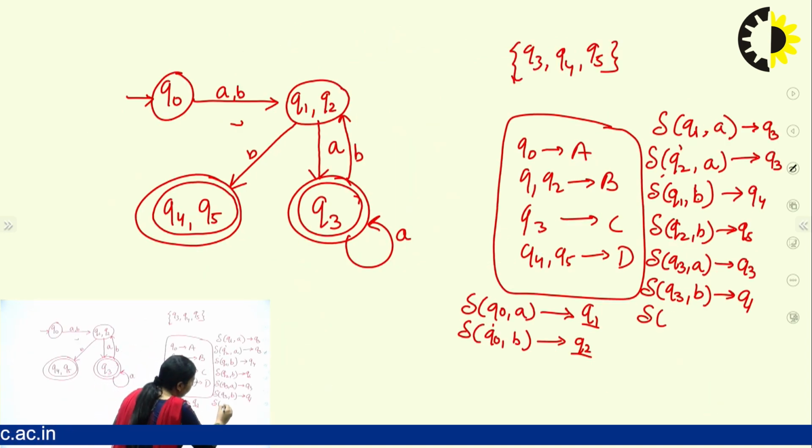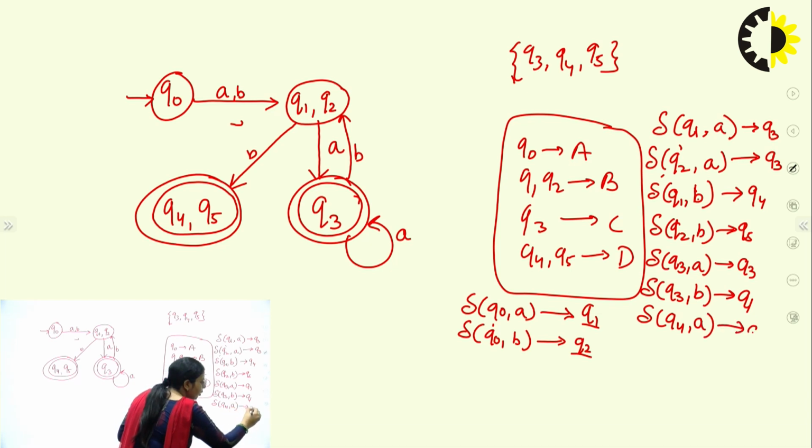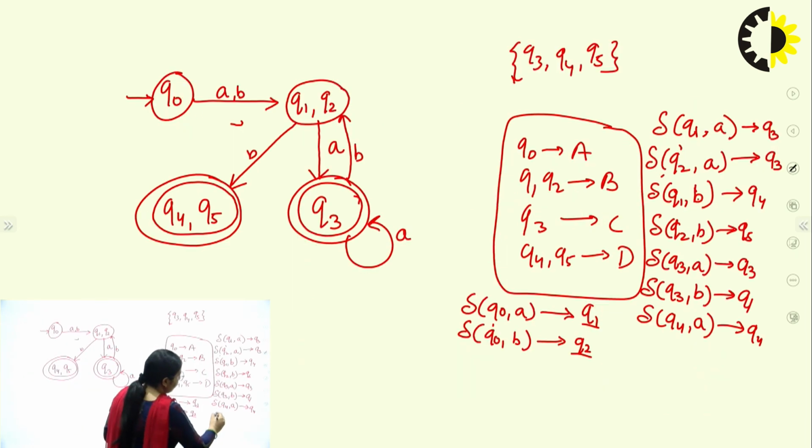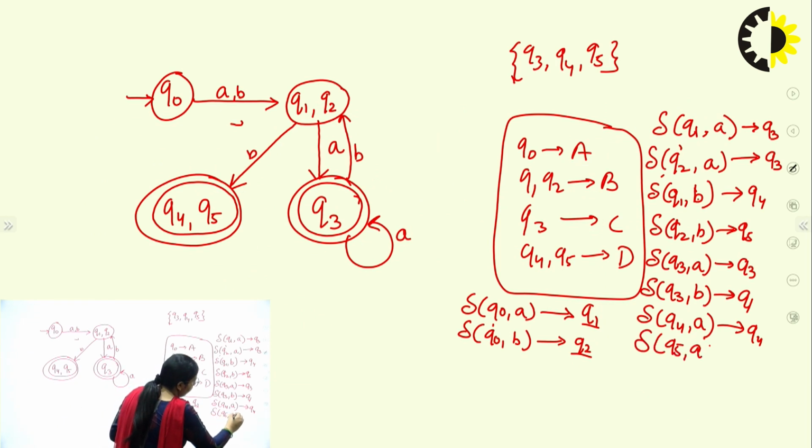Del of Q4 on A goes to Q4. Now let's check Q5 on A goes to Q5. So, del of Q5 comma A goes to Q5.